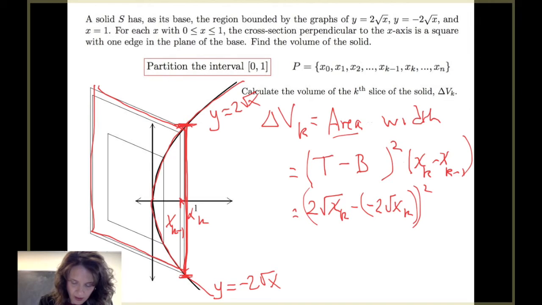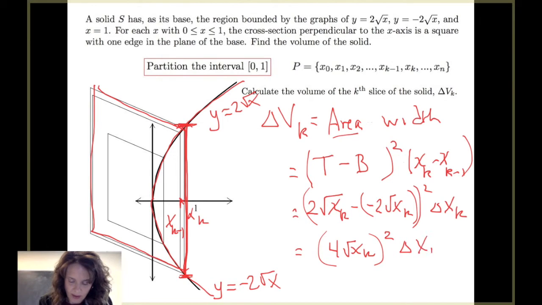So that quantity gets squared to produce the area of my square. I can rewrite x sub k minus x sub k minus 1 as delta x sub k. And when I simplify this, I'm going to get 4 times the square root of x sub k squared times delta x sub k, which will give me 16 times x sub k times delta x sub k. So here is the volume of the kth slice of the solid.